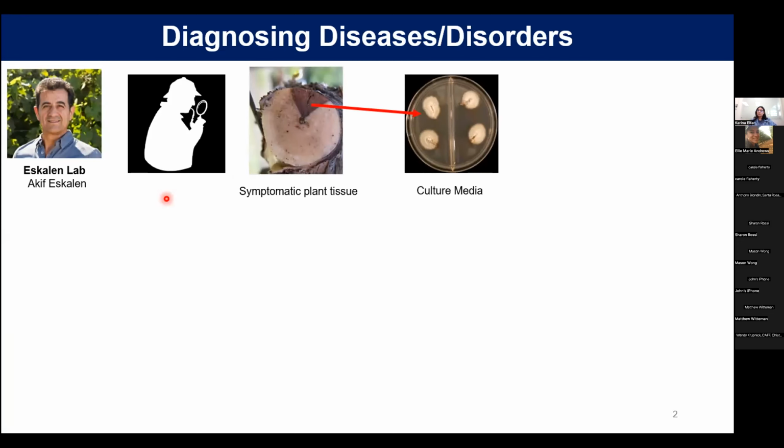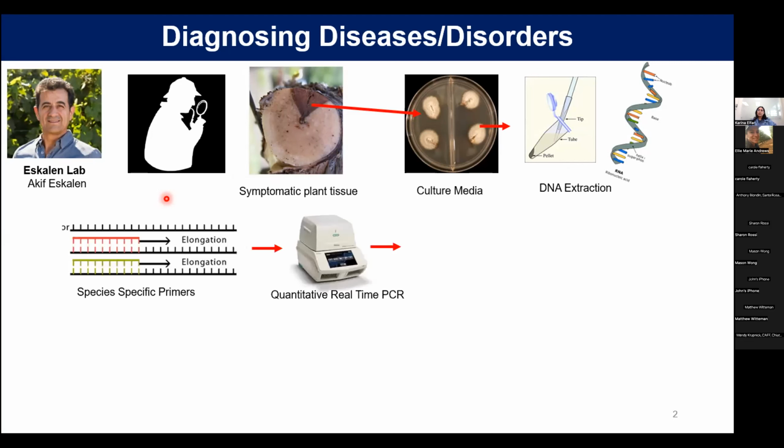In that way, sometimes we are able to identify the fungus just based on its morphology. Or sometimes we need to go deeper or further to know what exactly they are. For that, we do DNA extraction. We select specific primers, then we do PCR.